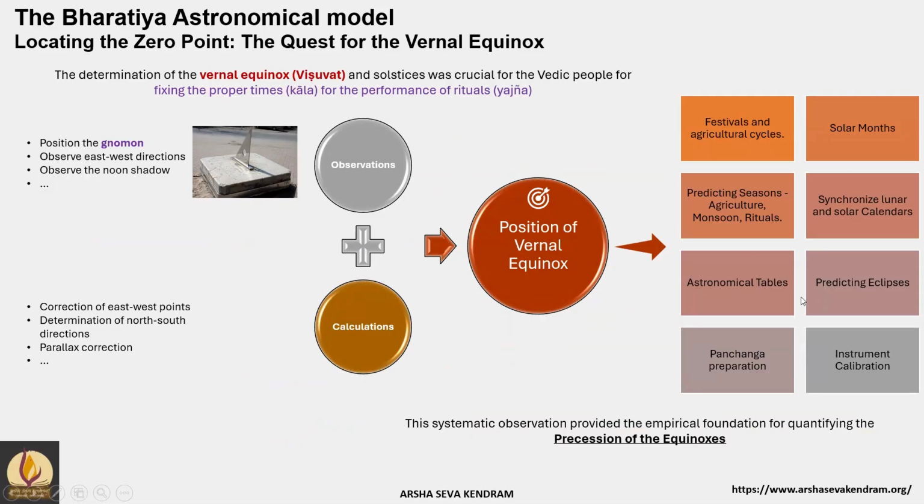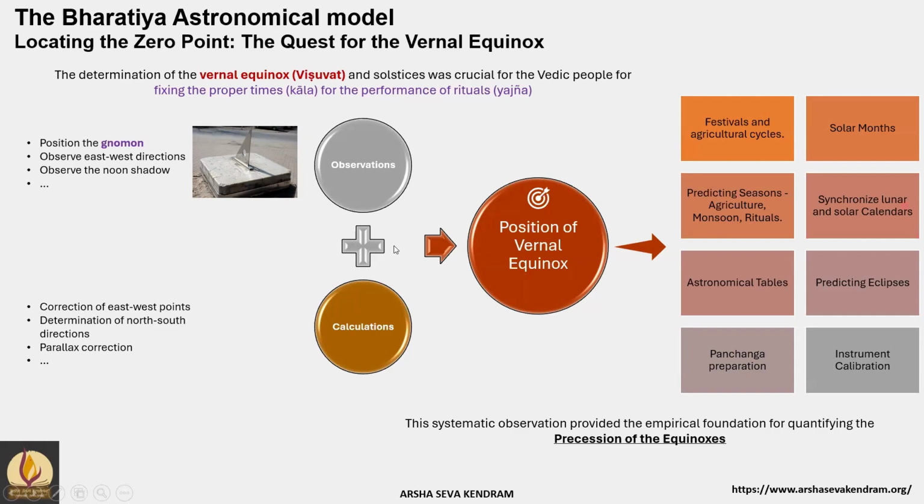Festivals, predicting seasons, astronomical tables, eclipses, preparing the panchanga, everything was based on the accurate determination of the position of the vernal equinox. And hence, they used instruments such as the gnomon, which is part of the overall sundial instrument.